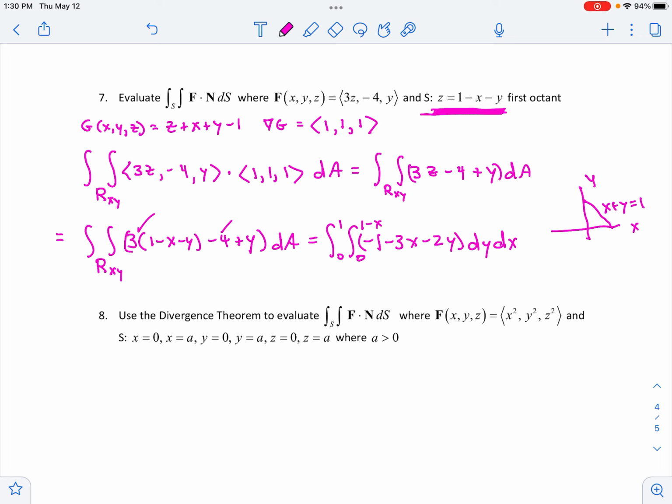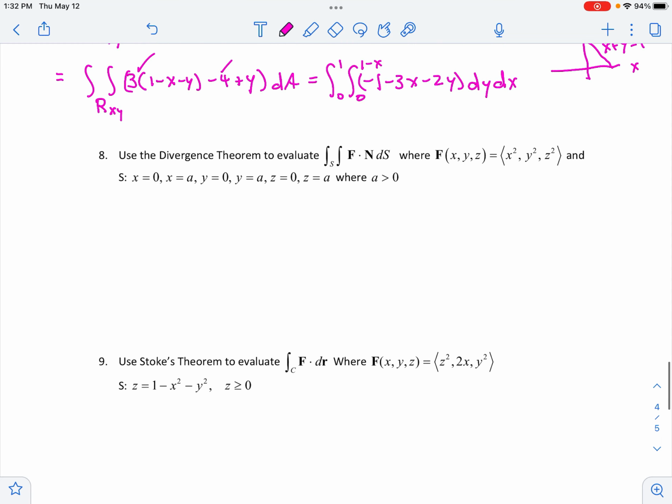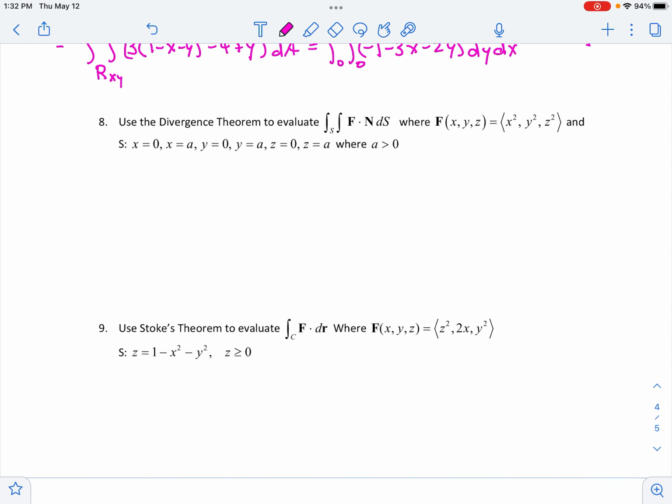And that integral will give you what you're looking for. So you integrate over that, and that's the setup. And I'm assuming we can handle the double integrals there okay. For time's sake, I'm just trying to get these set up. But let me know if you have questions about those.